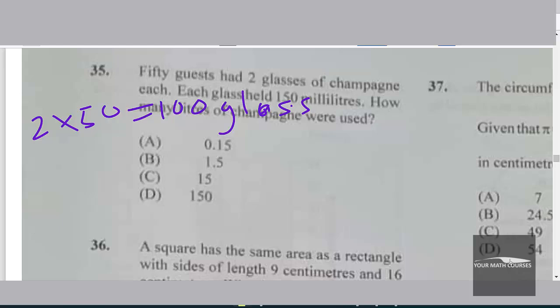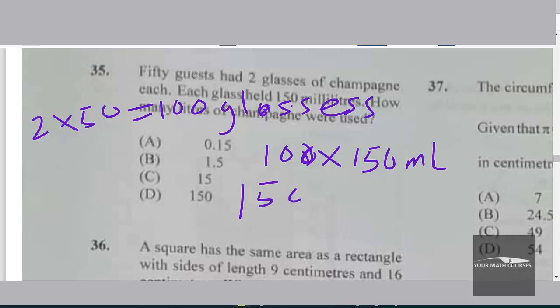So if each glass had 150 milliliters and we have 100 glasses, then together we have 100 times 150 milliliters of champagne, and that will be equal to 15,000 milliliters of champagne. 1,000 milliliters is 1 liter, so 15,000 milliliters will be 15 liters. So the correct answer is supposed to be C.